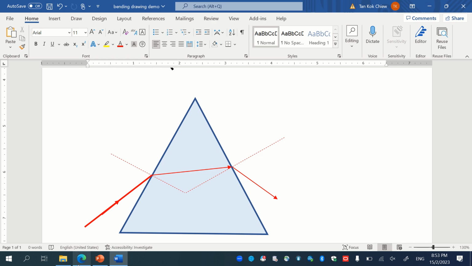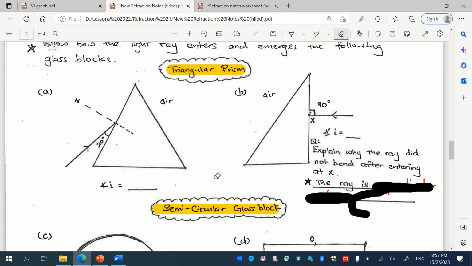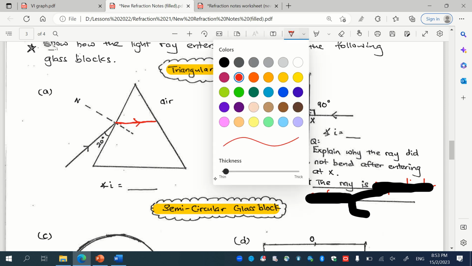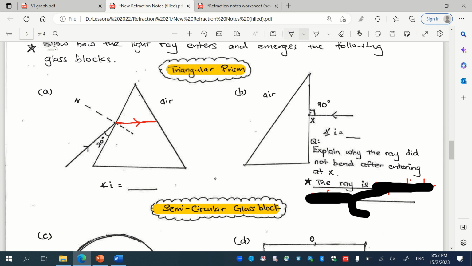So go back to your picture again. So let's look at this. Normal line, bend towards normal line. Draw the normal line. You must draw the normal line, then there's a normal line to compare whether it's towards or away.